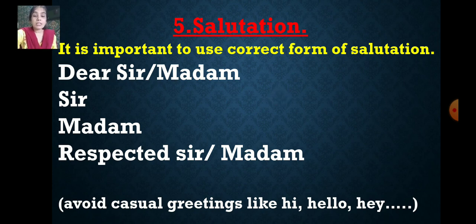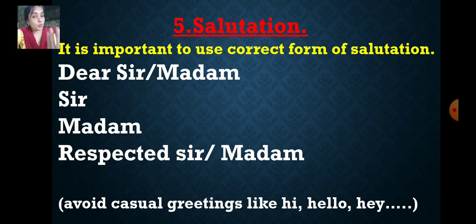Salutation is a mode of addressing the receiver or a person. Do we know the person to whom we are writing the letter? No, of course we don't know. He or she is a total stranger. So how are we going to address them? We will write Dear Sir or Madam, because it is a formal letter.